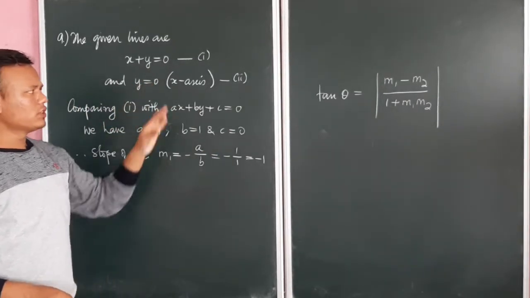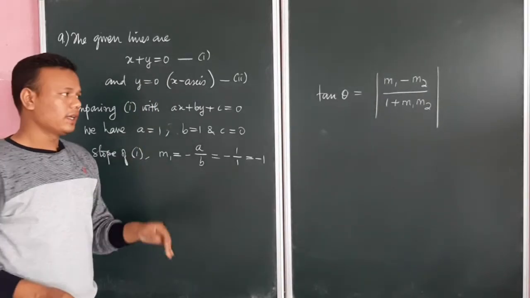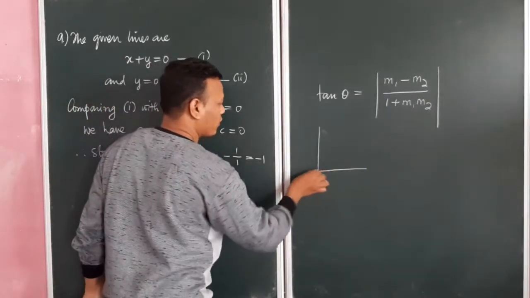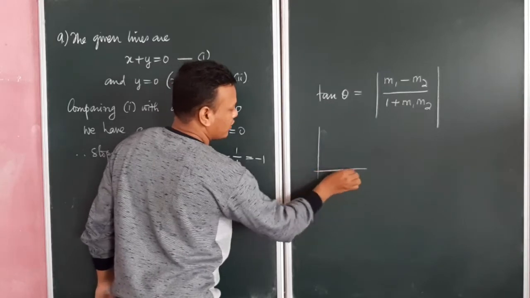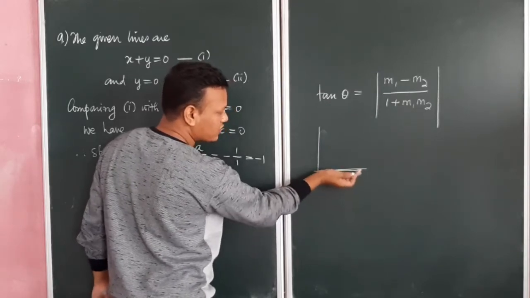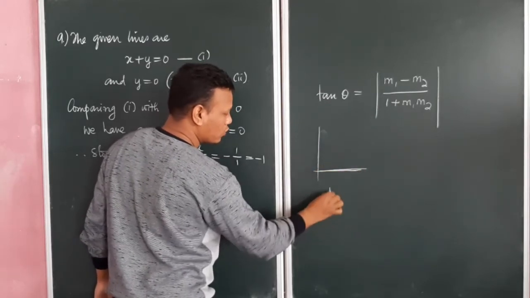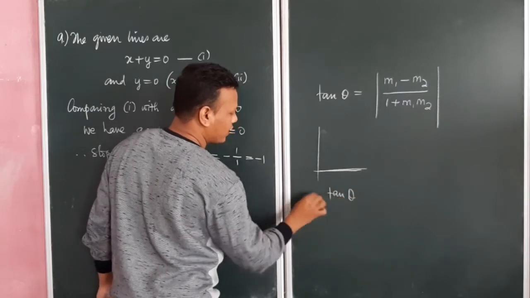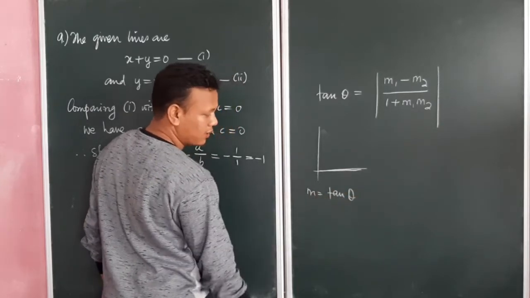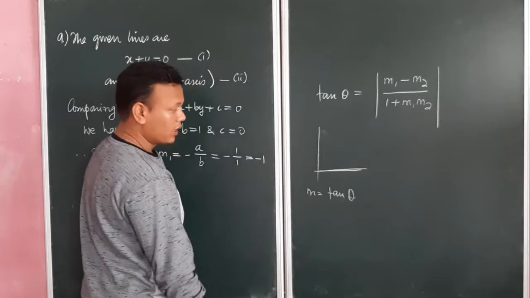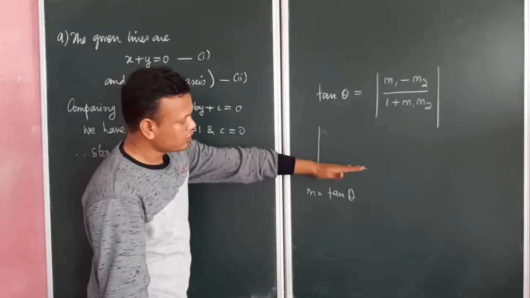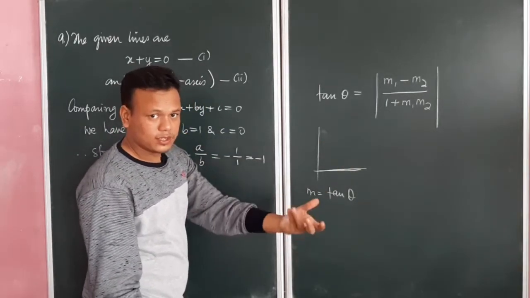y equals 0 is the x-axis, right? The x-axis makes angle 0 with the x-axis, because slope is defined as tan theta, where theta is called the inclination. And what is the inclination of the x-axis with the x-axis? It is 0, isn't it?